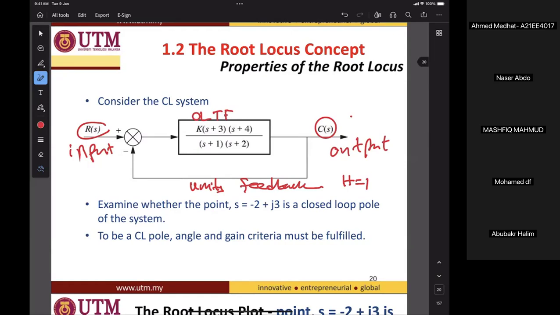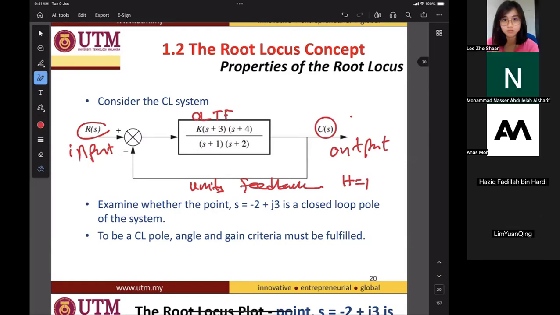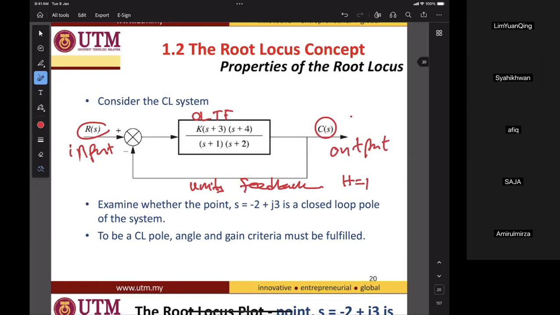So may I ask somebody from the class? Afik, are you there? What is the value of open loop zeros here? -3 and -4.